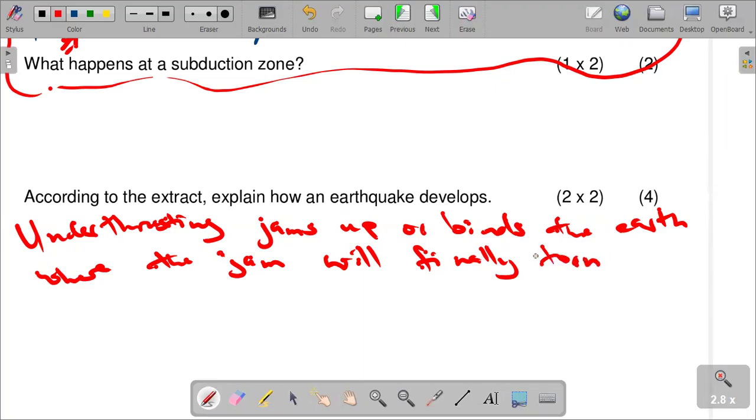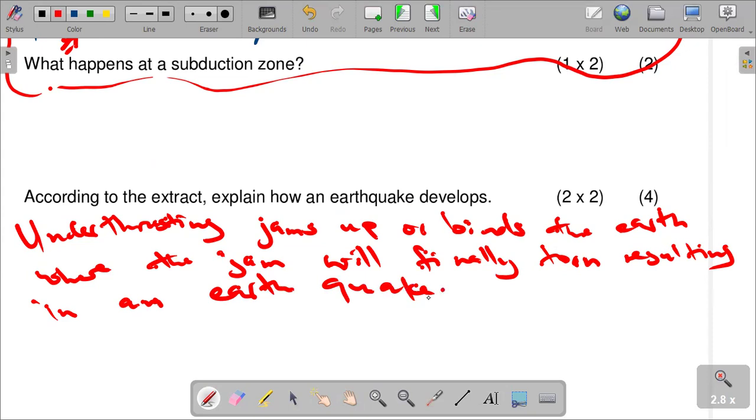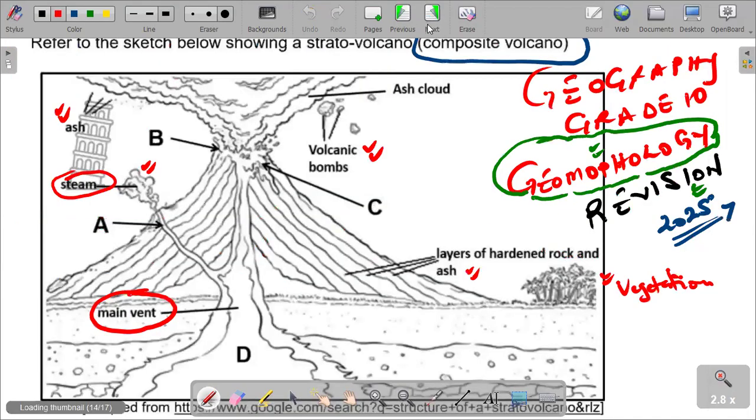It turns, resulting in an earthquake. An earthquake results from the under thrusting gems up or binds the earth, where the gem will finally turn, resulting in an earthquake. Then we call that earthquake happening.